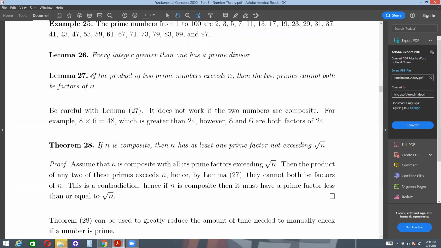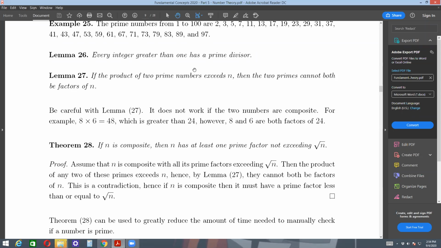Lemma 27: if the product of two prime numbers exceeds n, then the two prime numbers cannot both be factors of n. Again, that's intuitive. If you take two prime numbers and multiply them and you get a number bigger than n, it means that both of them cannot be simultaneously factors of n, right? Because the product is bigger.